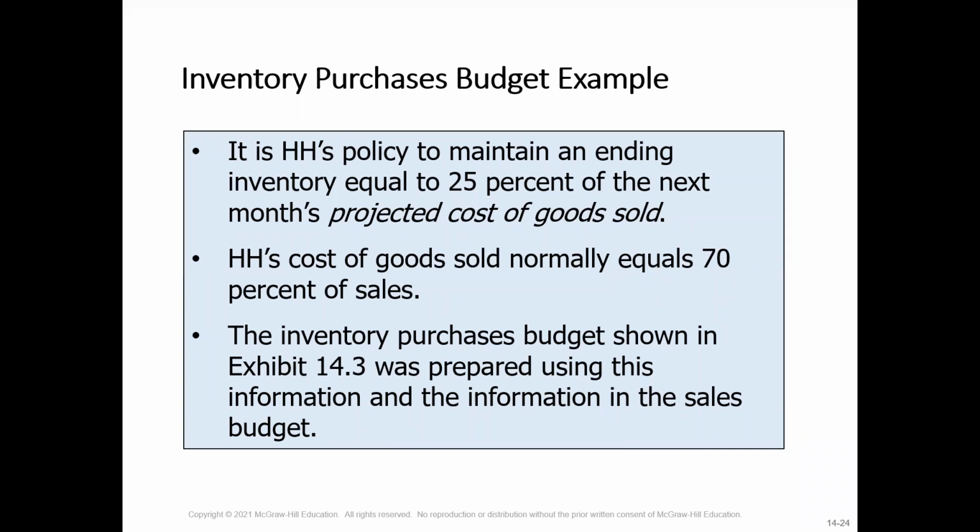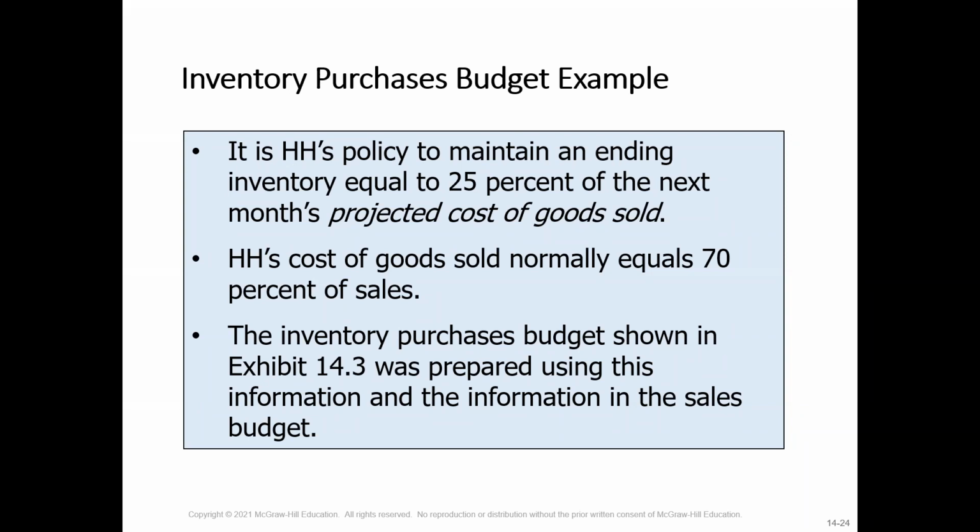Okay, so through estimation and through meetings, and this is the paragraph of data underneath the calculation on the bottom of 513, they had meetings and came to the conclusion we want to maintain an ending inventory that's equal to 25% of the next month's projected cost of goods sold.